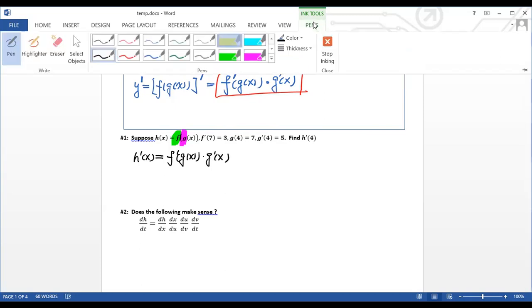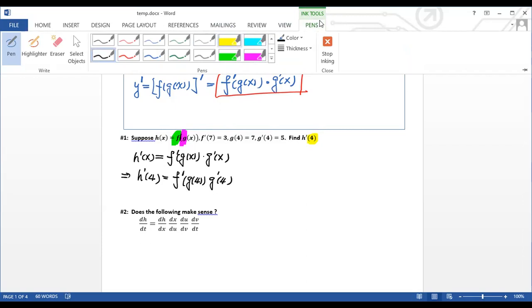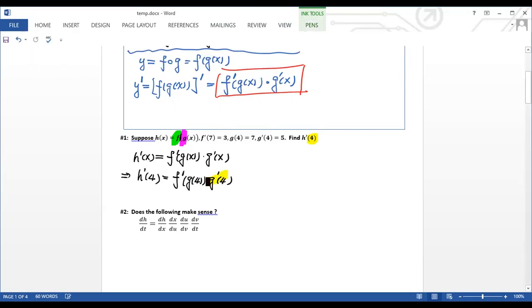Now it asks for h prime of 4, so I apply x equal to 4. This is f prime of g of 4, times g prime of 4. Now let's find the values. g prime of 4 is 5. Then g of 4 is 7.